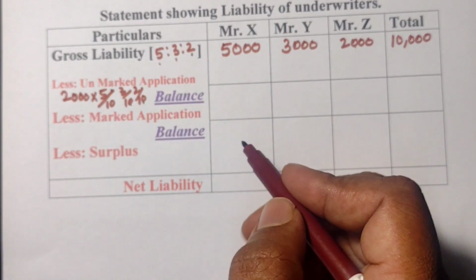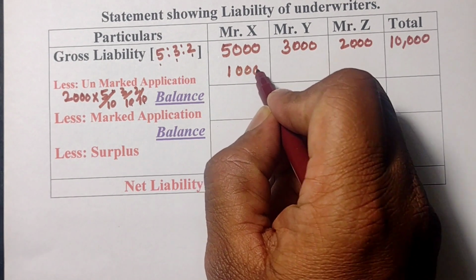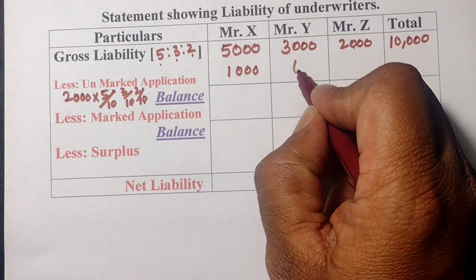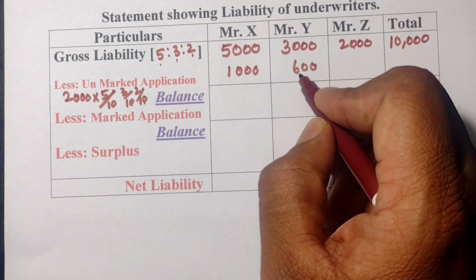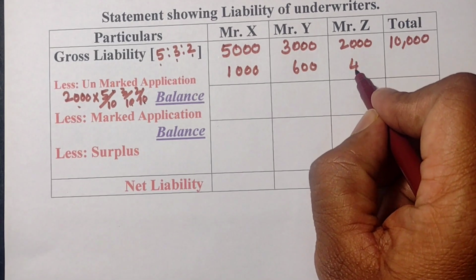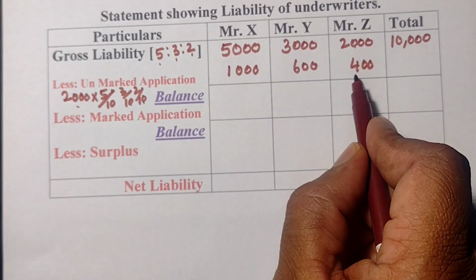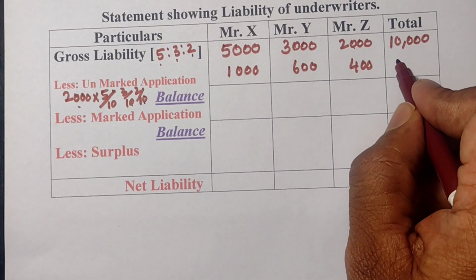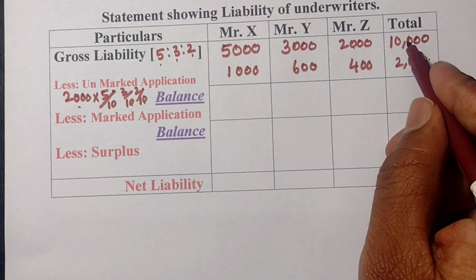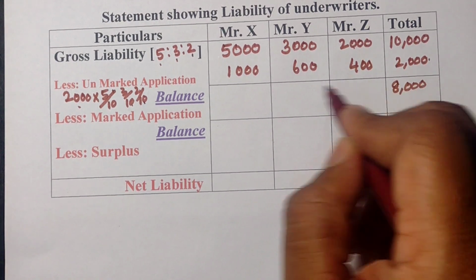So 2,000 into 5 by 10, we get 1,000 shares, 2,000 into 3 by 10, we get 600 shares, and 2,000 into 2 by 10, we get 400 shares. 1,000 plus 600 is 1,600, plus 400 is 2,000.